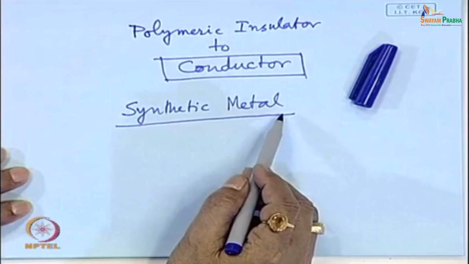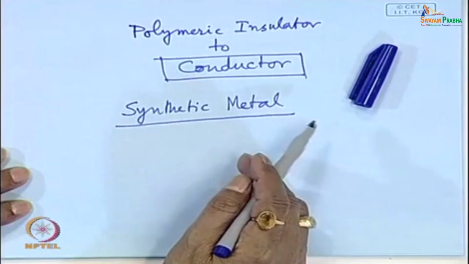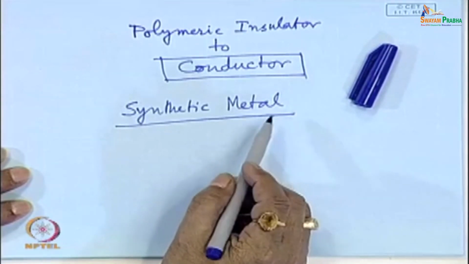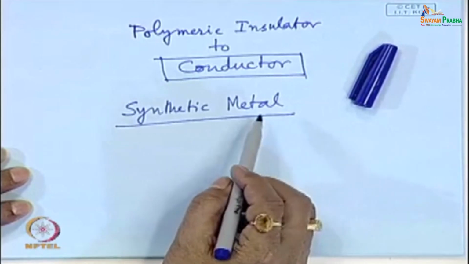Organic molecules containing free electrons, which can conduct electricity, can be considered synthetic metal. Now, there is a journal today, of course a high rank journal, Synthetic Metals, they publish very fundamental works, good research works.